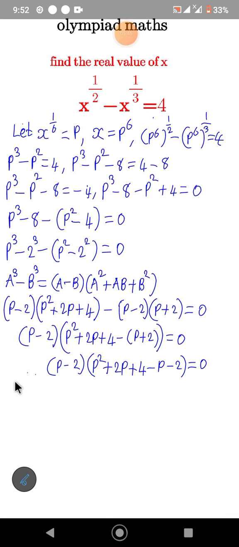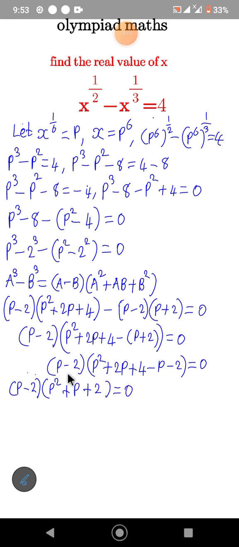Then we continue again. We say p minus 2, here will be p squared plus 2p minus p will give us p. So here will be p. Then plus again 4 minus 2 will give me 2, equal to 0.